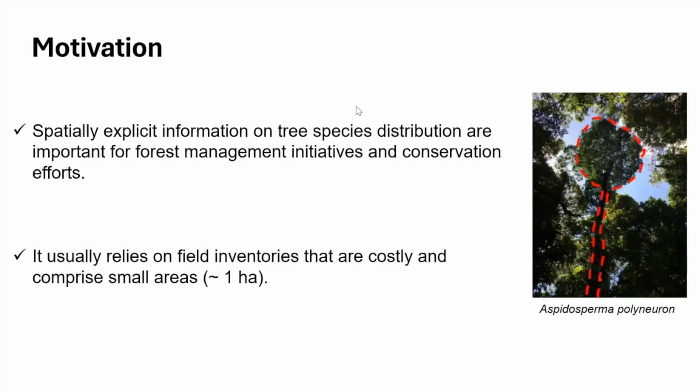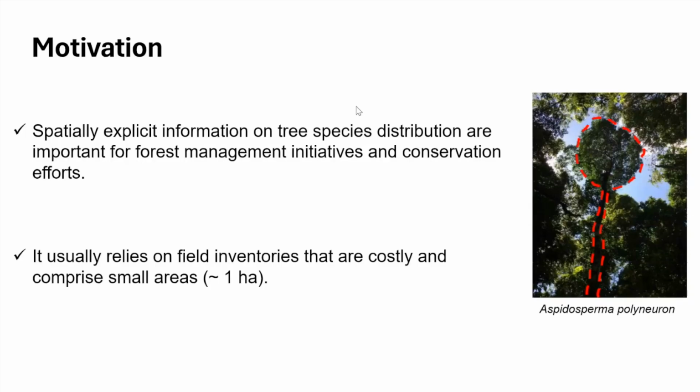And when we talk about natural and native forests, for example in the Amazon, we can locate tree species that are of commercial value, both for timber products and non-timber products. But this data regarding the spatial information of tree species is usually acquired using field inventories. Field inventories are the main approach used to collect information on tree species distribution.